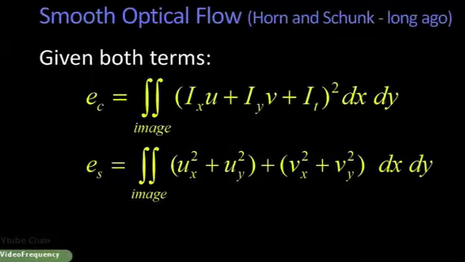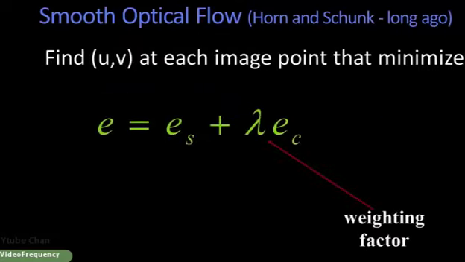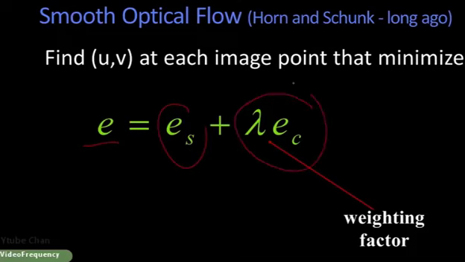So now we have these two terms. We have the constraint equation error term, and we have the smoothness error term, called E_c and E_s. And what we want to do is find the u, v at every pixel, and there's going to be a different u, v at every pixel, that minimizes this total error, which is just the smoothness term plus some weighting factor times the constraint term.